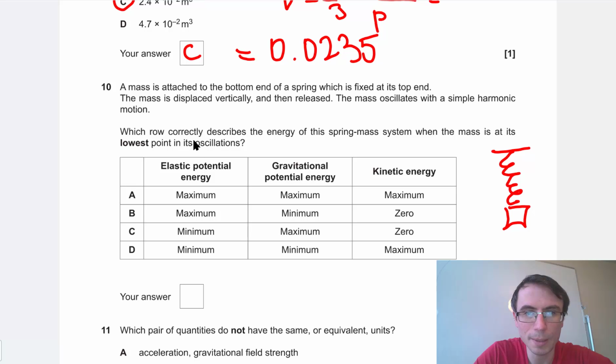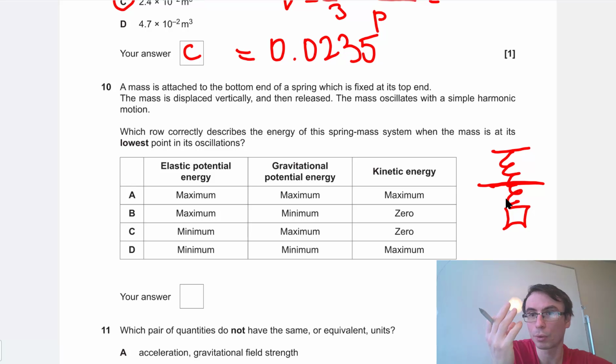Which row correctly describes the energy of the spring mass system when the mass is at its lowest point in the oscillations? Okay, so its equilibrium is kind of like here, and the mass will have some elastic potential energy because it will want to go back to its equilibrium, but also it will have some minimum amount of gravitational potential energy, and right at the moment of maximum amplitude, its speed will be 0, so I know that the kinetic energy will be 0.